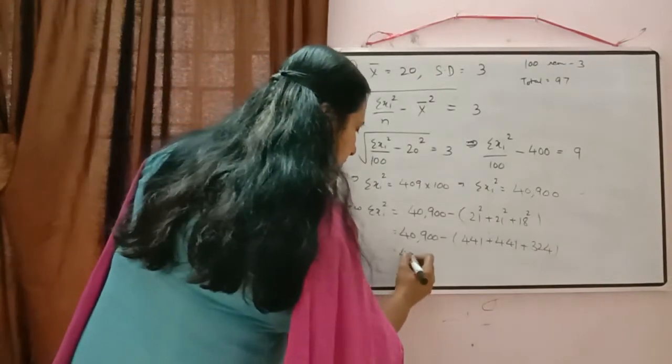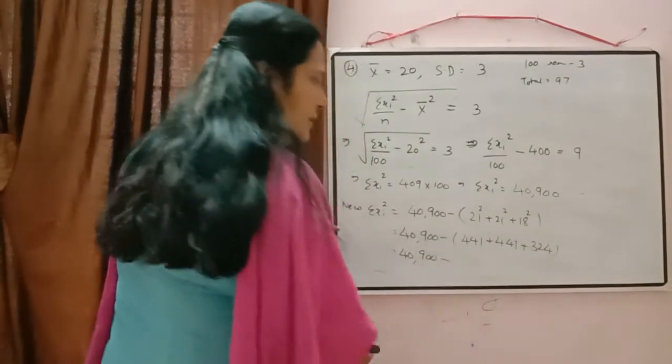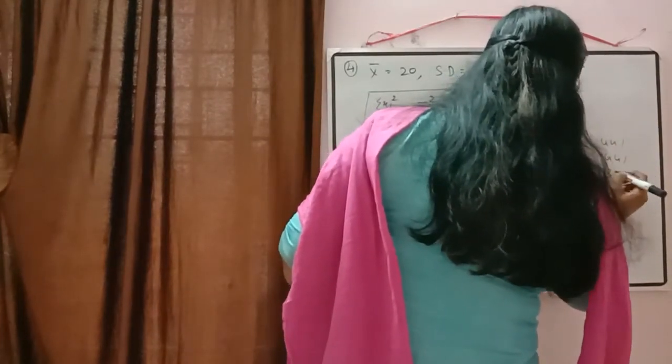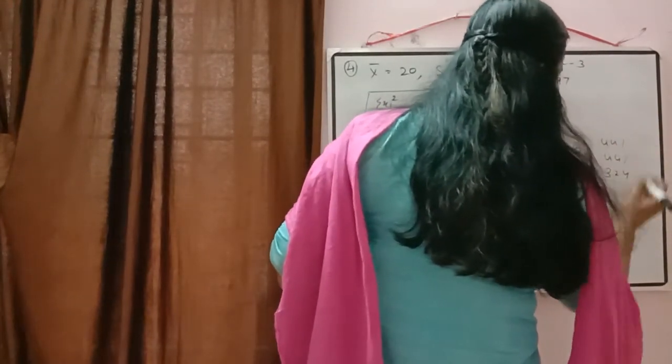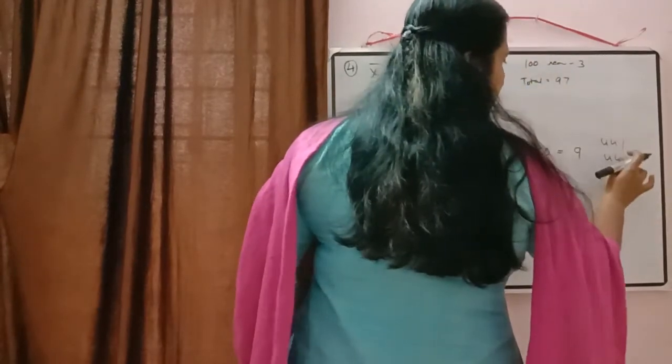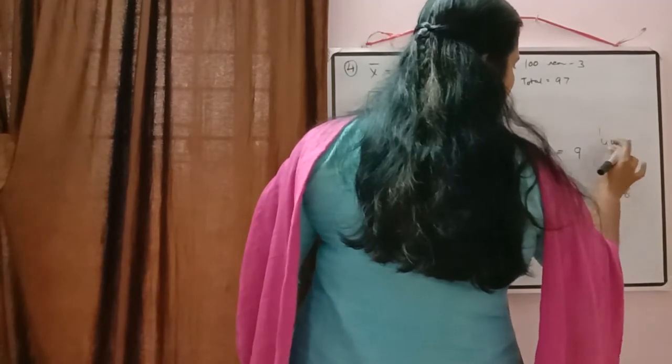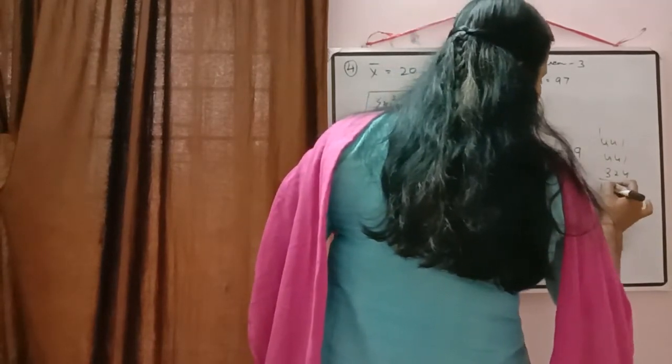Let us check how much it will come: 4 plus 1, 5 plus 1, 6. 4 plus 4, 8, 8 plus 2, 10. Carry over 1, 4 plus 1, 5. 5 plus 4, 9. 9 plus 3, 12.